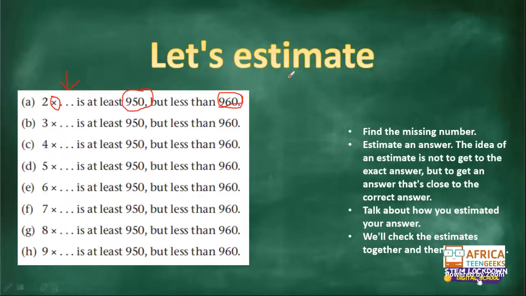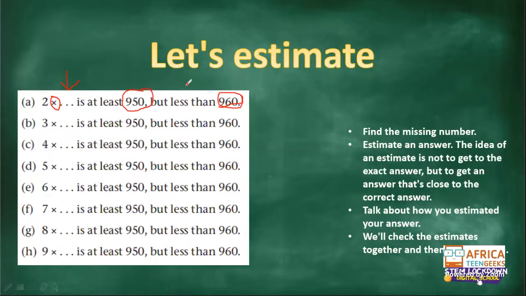If you had to estimate this, with this one it's easy because it's divided by 2. So in my head, I will go 900 divided by 2 is 450. Then I haven't divided 50 by 2, that's 25. So the smallest number here will be 475, because it's 450 plus 25.